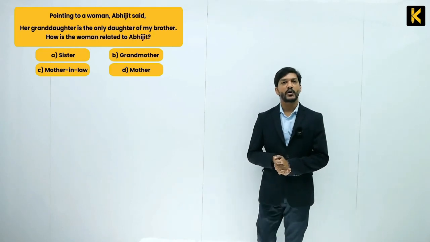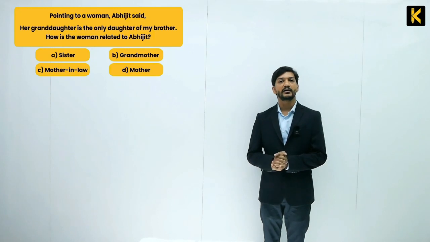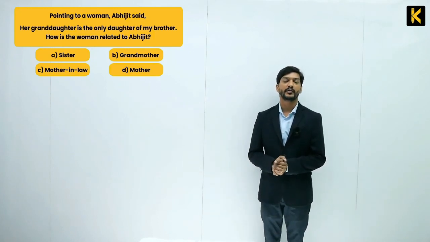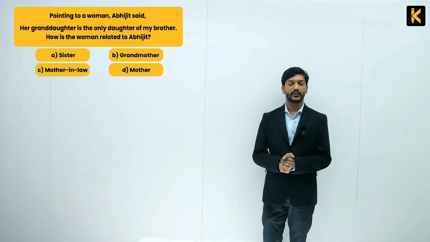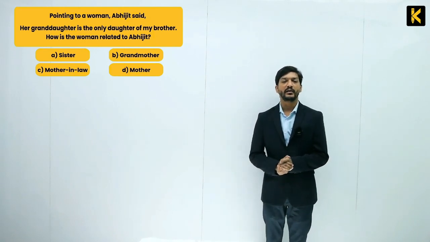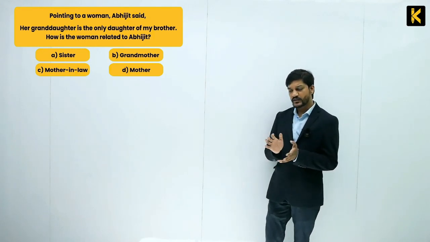The question is: pointing to a woman, Abhijit said, her granddaughter is the only daughter of my brother. How is the woman related to Abhijit? So who is making the statement?